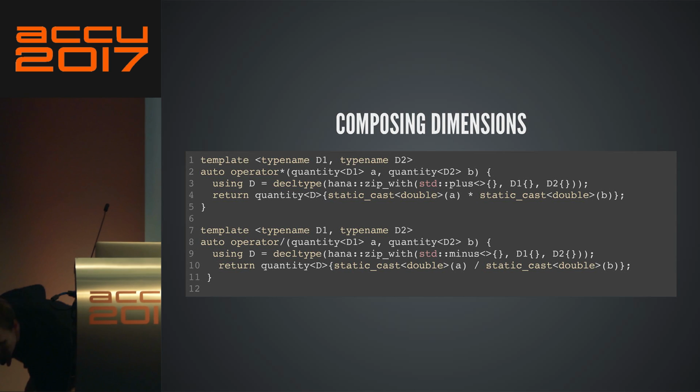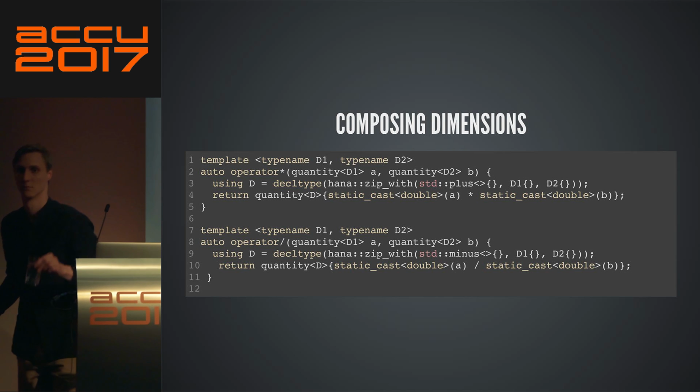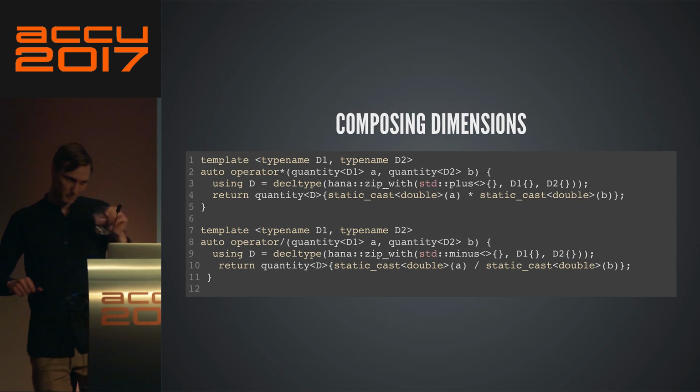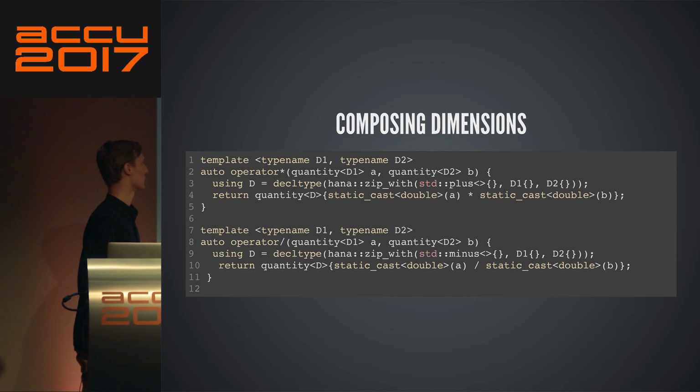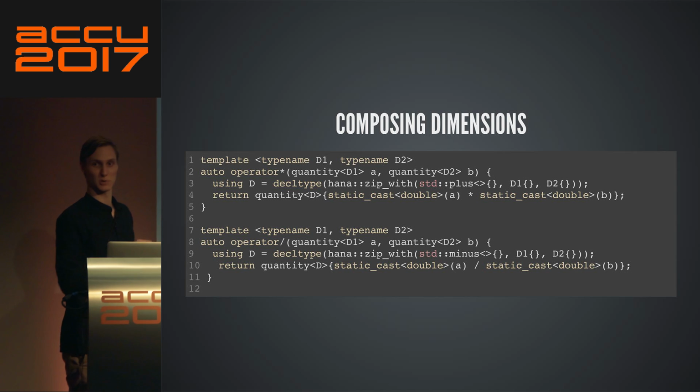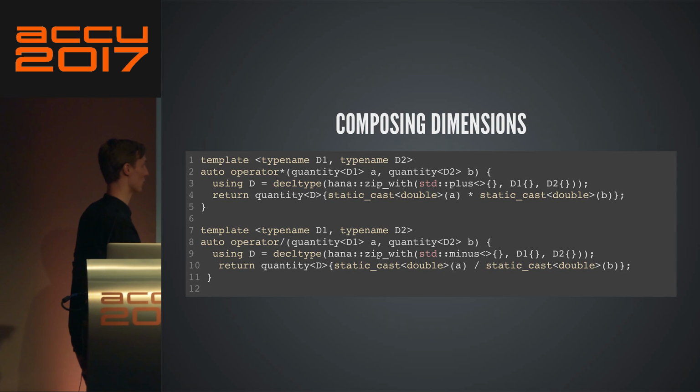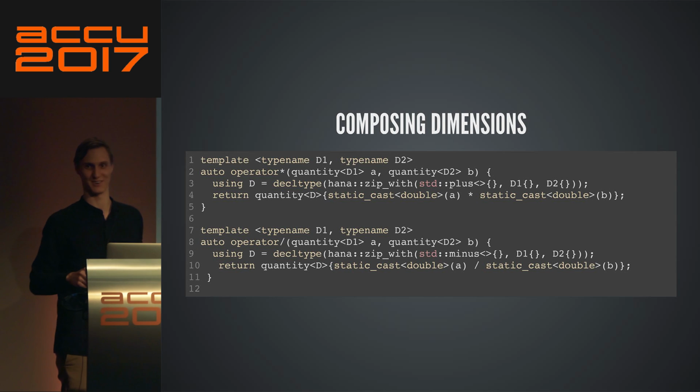Yes? The question is, why is this static_cast to double needed? If I do not static_cast to double, I'm going to get a really bad case of infinite recursion here, because A is a quantity, B is a quantity, and so operator star is going to be called again, and now you just get yourself in trouble.